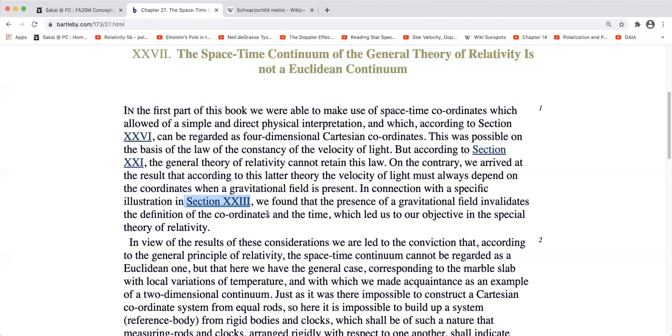But with the presence of the gravitational field, that is, thinking about the deflection of starlight, or in the case of the spinning disk, thinking about a gravitational field emanating outwardly from the center, we no longer have this Euclidean space. We can no longer superimpose a Cartesian coordinate system made up of squares throughout.